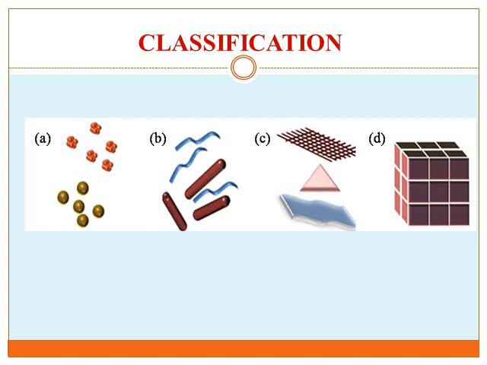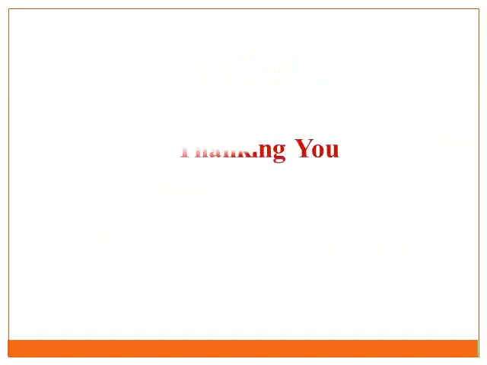These particles may be a single atom, a mixture of atoms, or a molecule, so it differs from substance to substance. So you can have four different classes of nanomaterials. Thank you.